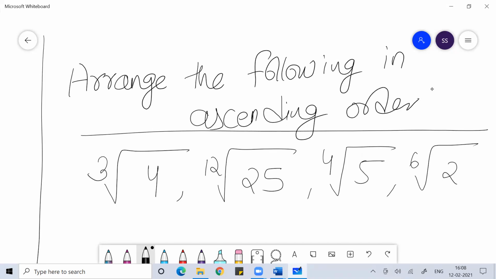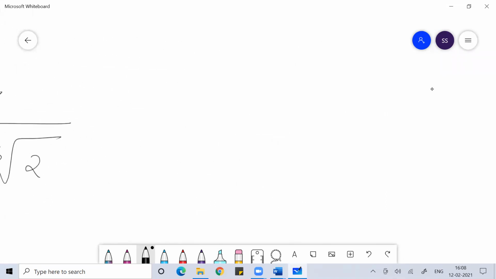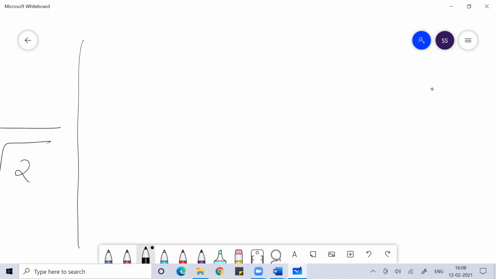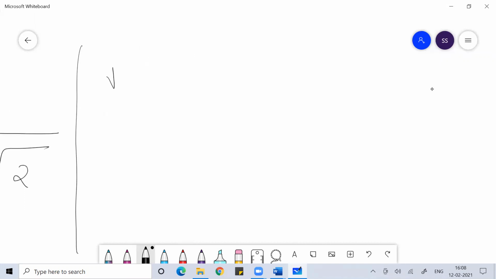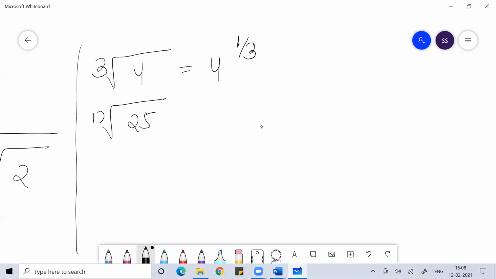Now see how to do this kind of question. When we have cube root of 4, I can write it as 4 to the power 1 by 3. Then 12th root of 25 I can write as 25 to the power 1 by 12.